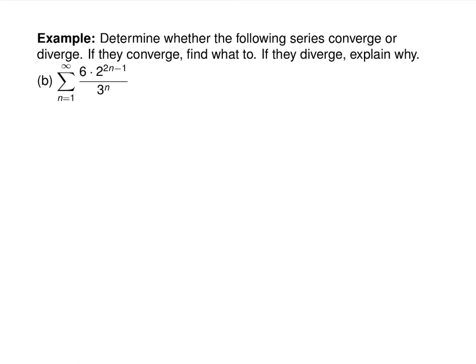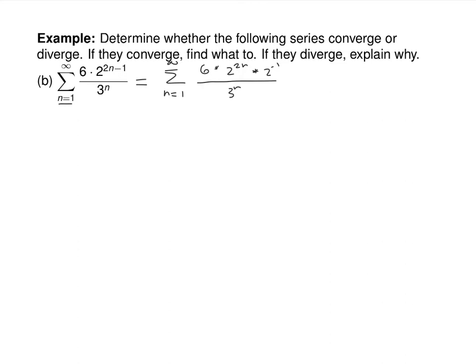Oh man, here re-indexing is necessary, but before I do that, I'm going to do some other simplifications. So sum n equals 1 to infinity, we'll have 6 times 2 to the 2n times 2 to the negative first over 3 to the n. That's just exponent rules. When you multiply things with common bases, the exponents add.